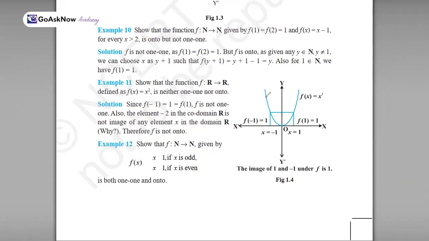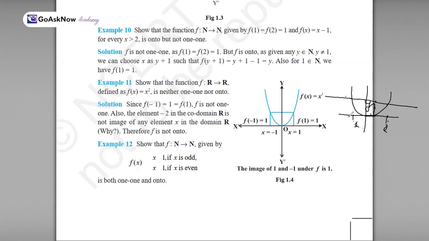So if f(x) is equal to x square, you know that the graph will be a parabola, as shown in the figure also. If you draw a line parallel to the x-axis from here, it will cut at two points. So it means that at two x values you will get the same y, because y is the same here.